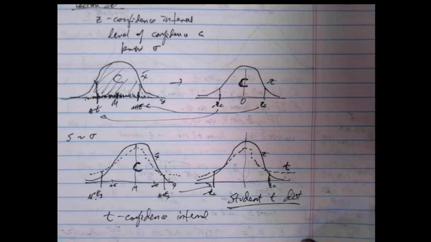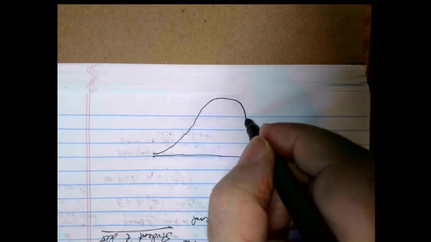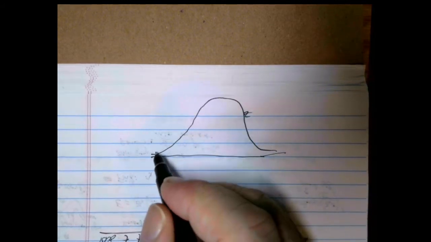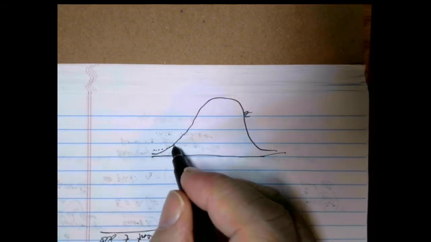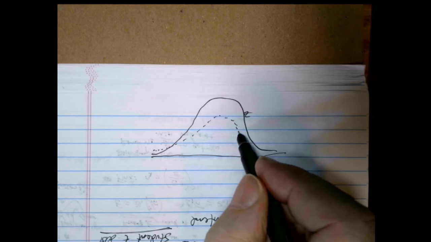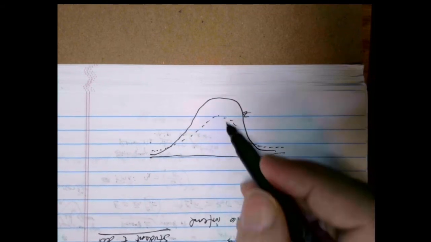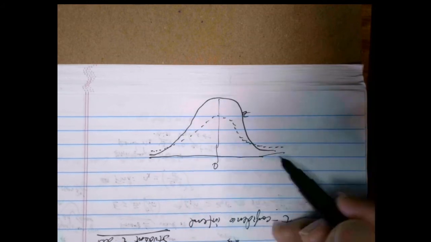All right, let me say a few more words about this T distribution thing. Just a couple. In general, if this is the standard normal curve, so this is the Z curve, those T curves are all lower in the middle and higher out at the ends than the Z curve. The mean is always 0, as I said before.